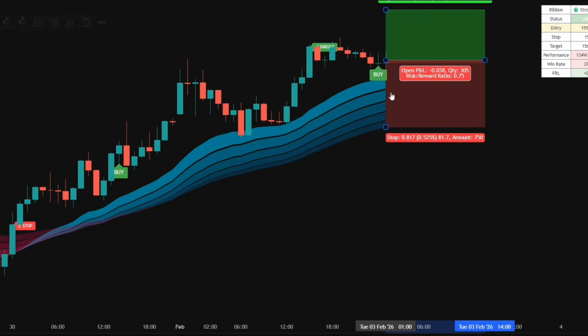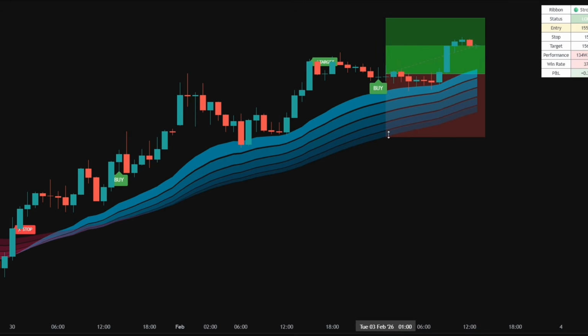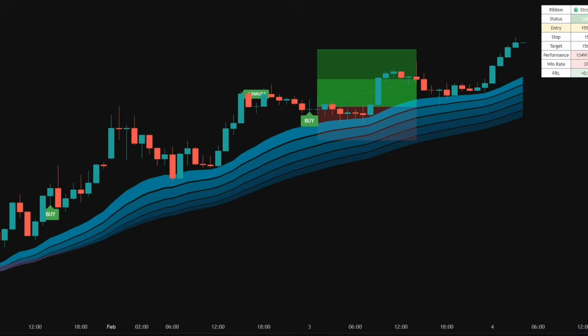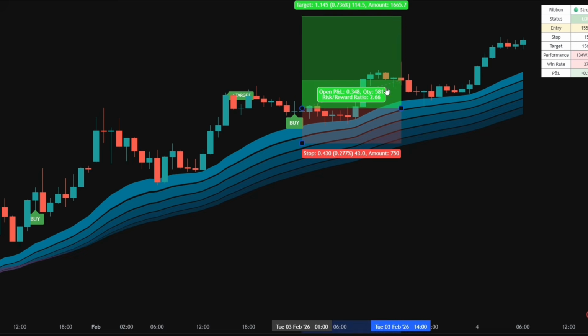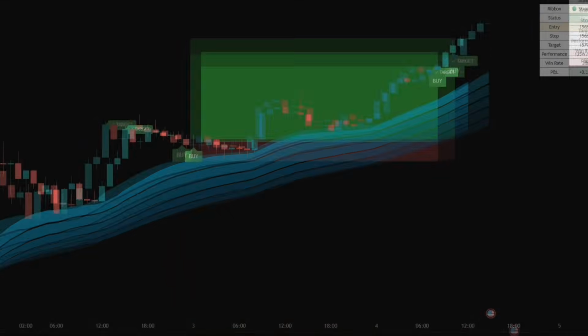The sell signal checklist. Short trades.